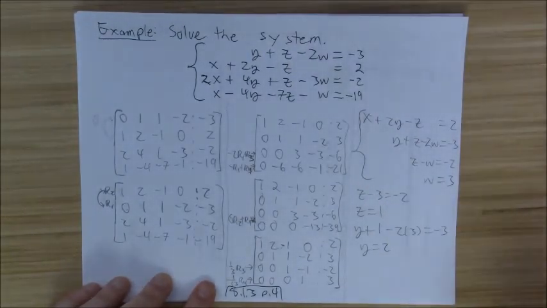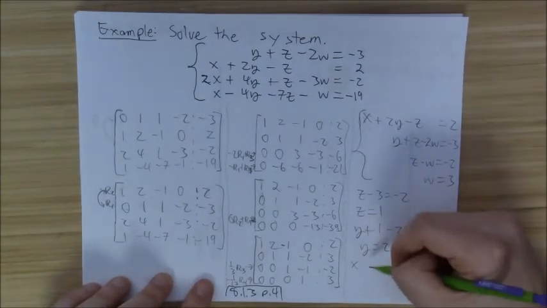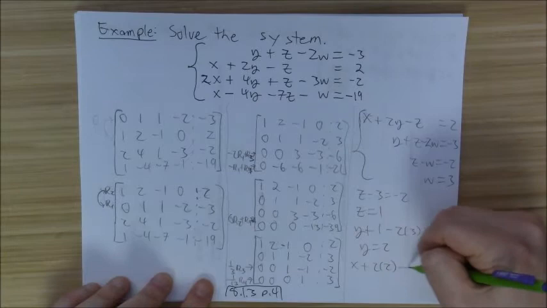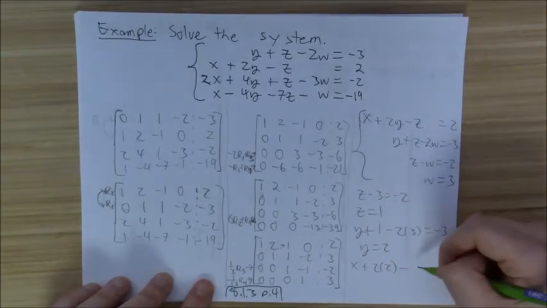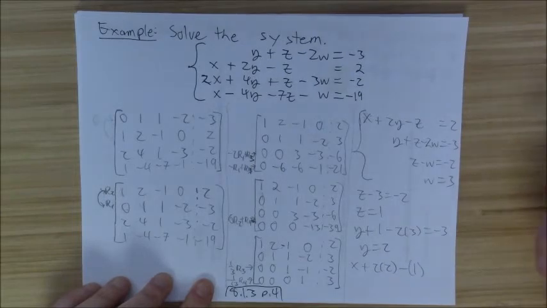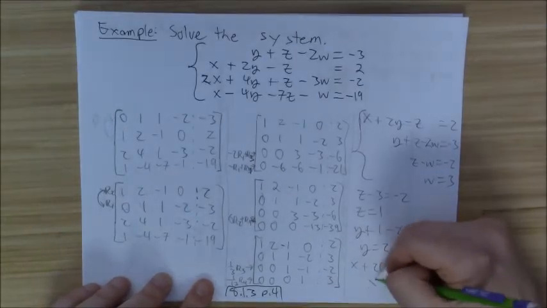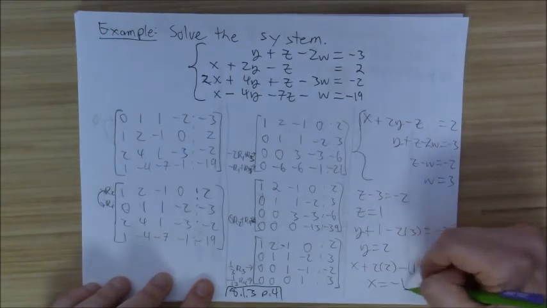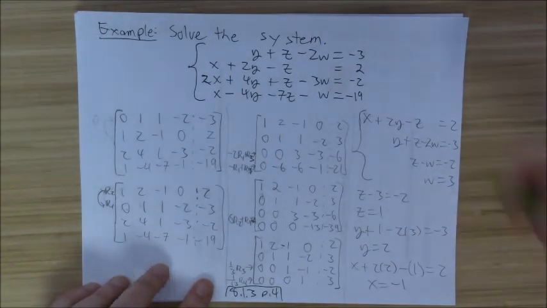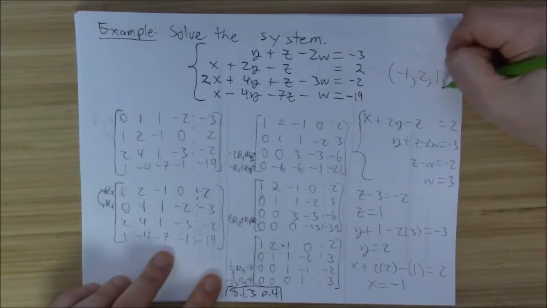And then finally, for x, we would have x plus 2 times 2 minus z, which is 1, equals 2. Solving out for x, you'll end up with x equals negative 1, right? And so our solution is negative 1, 2, 1, 3.